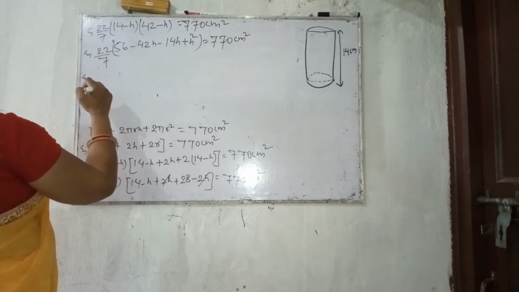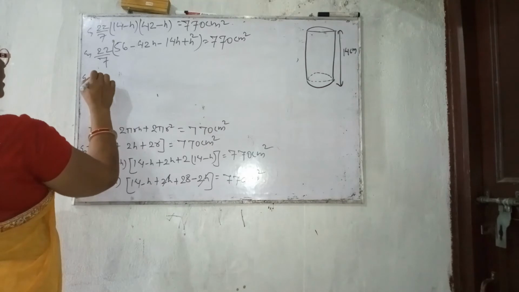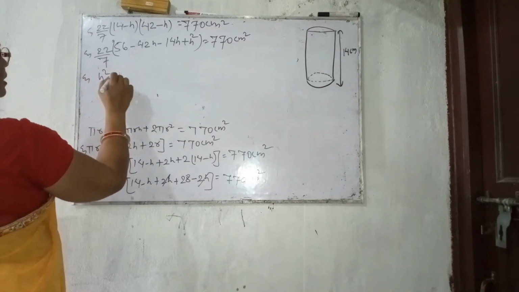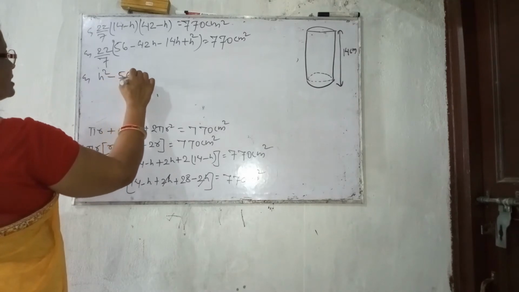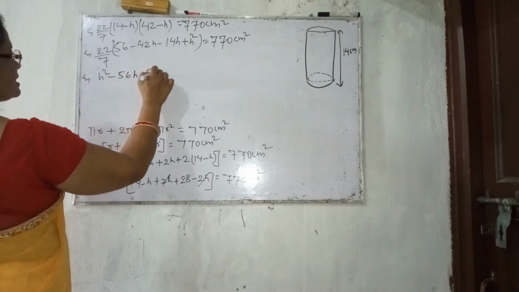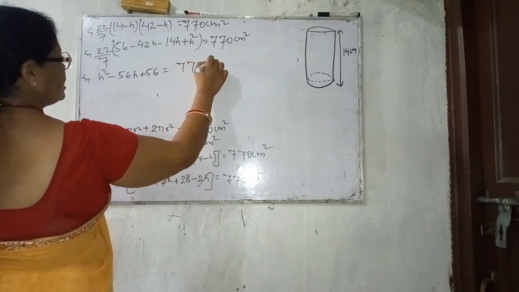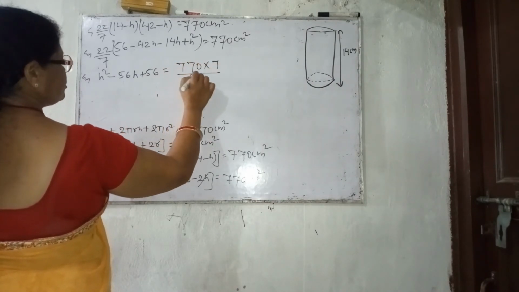Or it will be h square minus 56h plus 56 equal to 770 into 7 divided by 22.